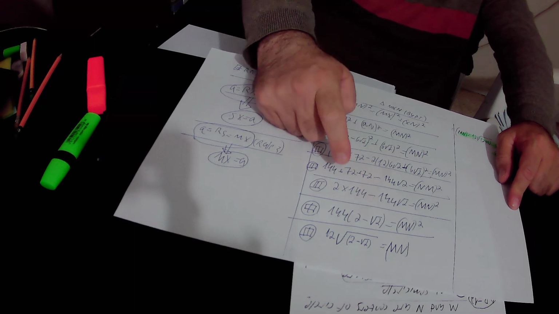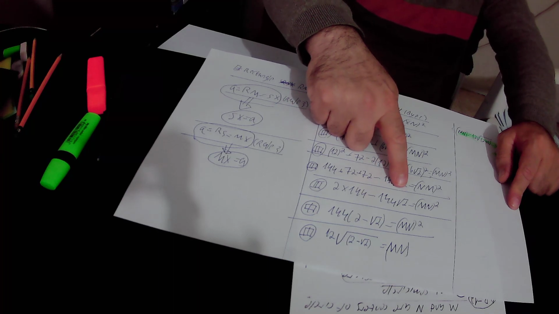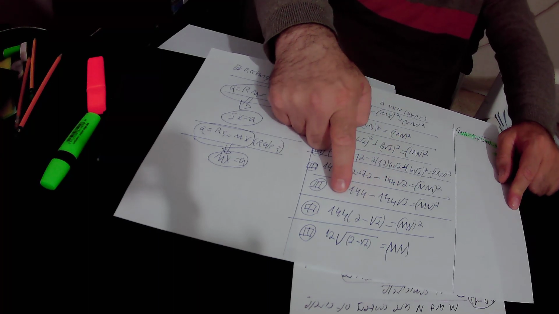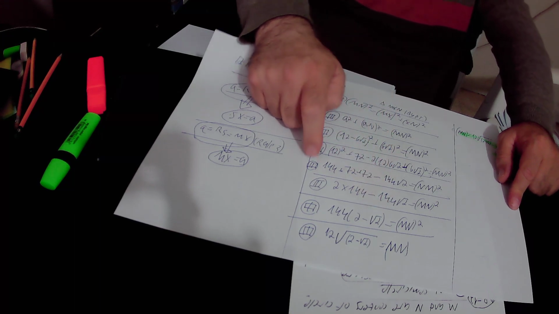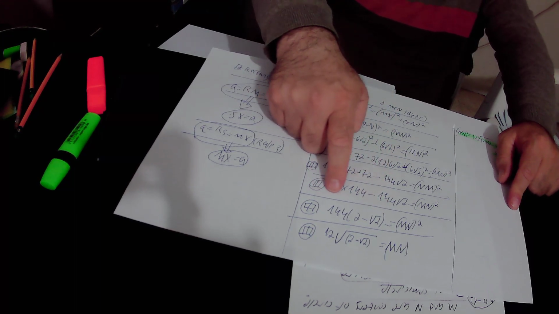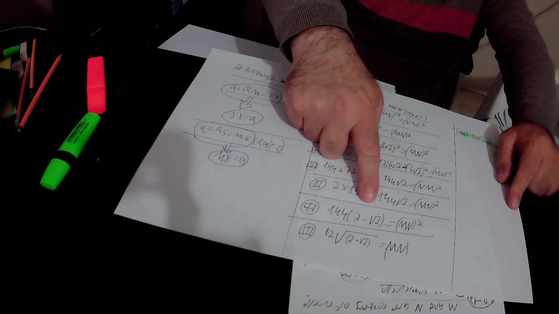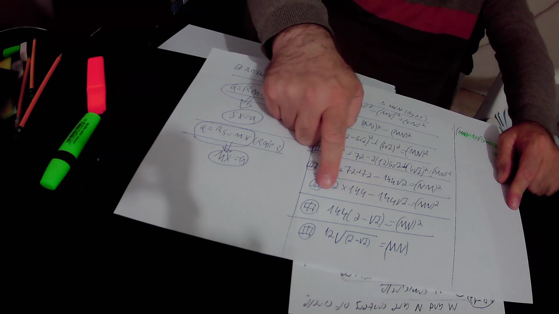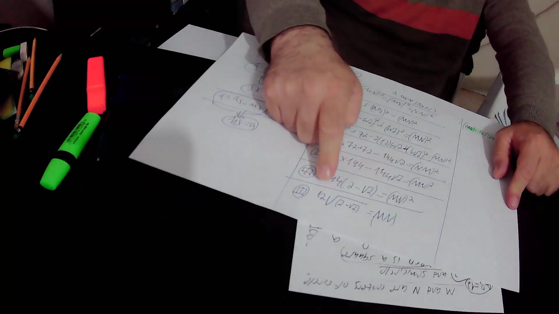It is 2. And what is left from minus 144 times square root of 2? It is minus square root of 2. So according to equation number 3, 144 times 2 minus square root of 2 equals MN square.